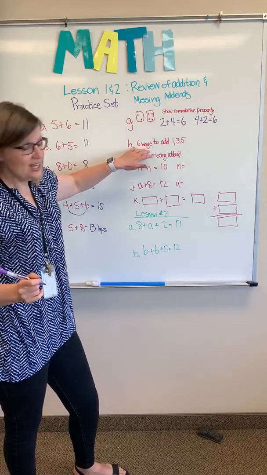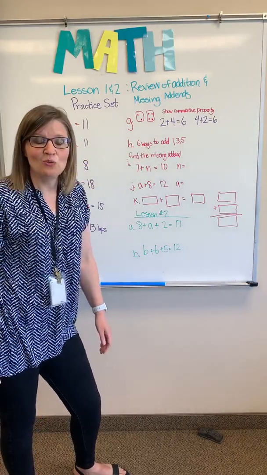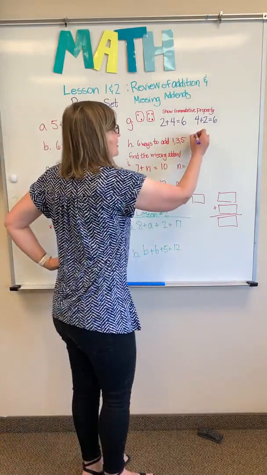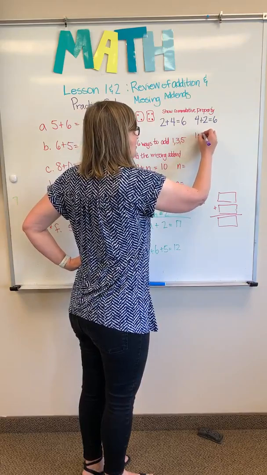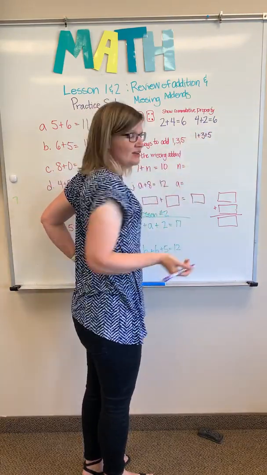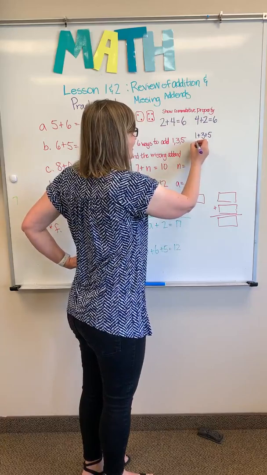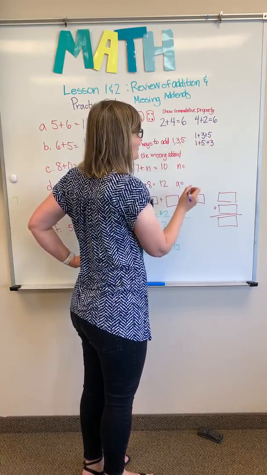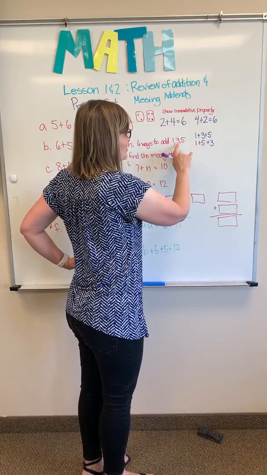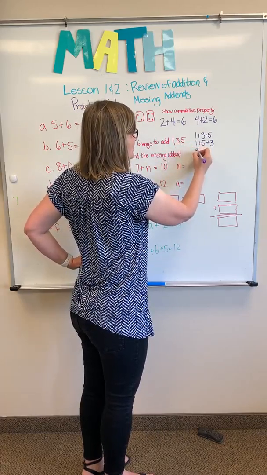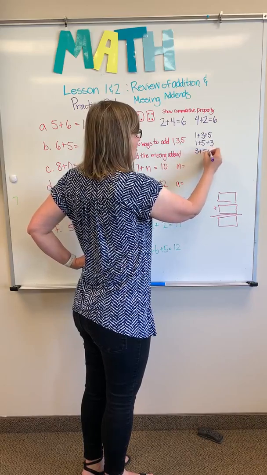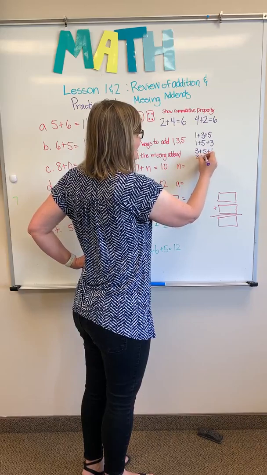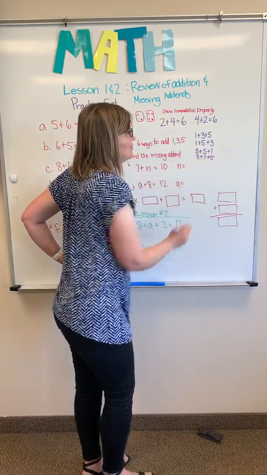In letter H, 6 ways to add 1, 3, and 5. So help me out. Here we go. We're going to say 1 plus 3 plus 5. That's the easiest. Then I'm going to say 1 plus 5 plus 3. Then I'm going to start with the number 3. 3 plus 5 plus 1. I can also say 3 plus 1 plus 5.